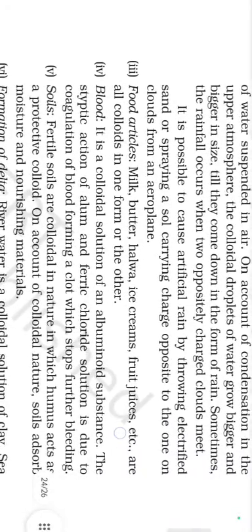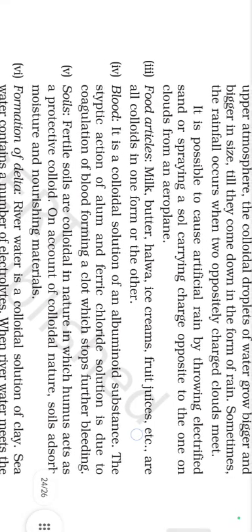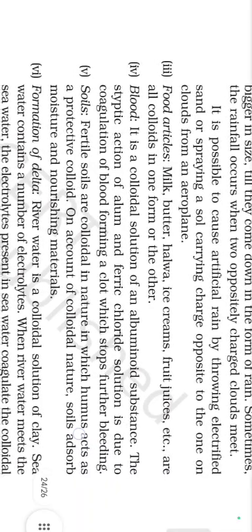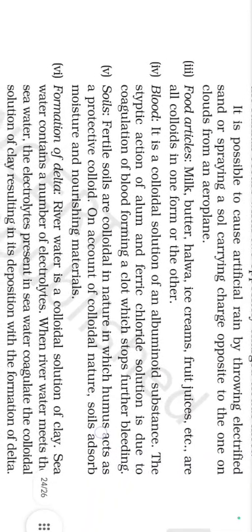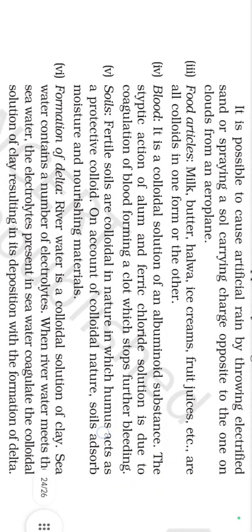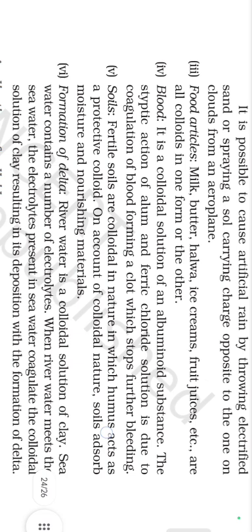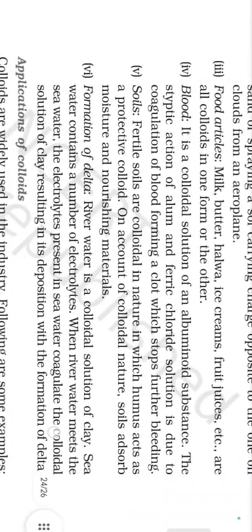On account of condensation in the upper atmosphere, the colloidal droplets of water grow bigger and bigger in size till they come down in the form of rain. Sometimes the rainfall occurs when two oppositely charged clouds meet. It is possible to cause artificial rain by throwing electrified sand or spraying a sol carrying charge opposite to the one on clouds from an aeroplane.